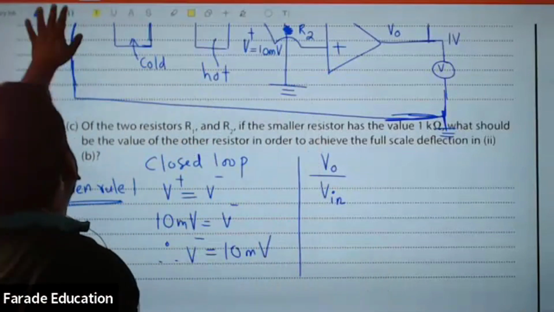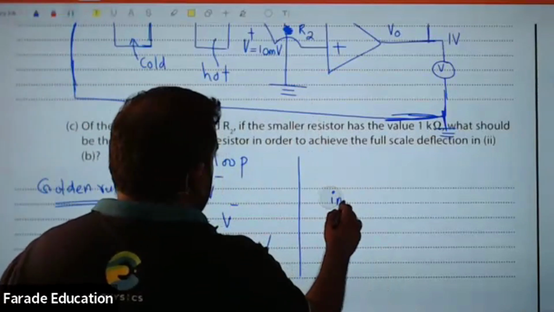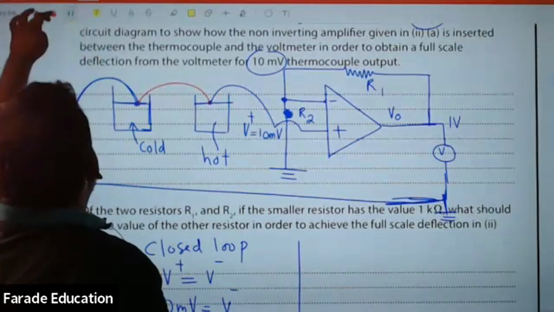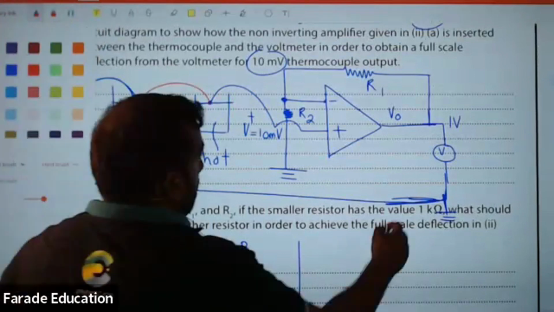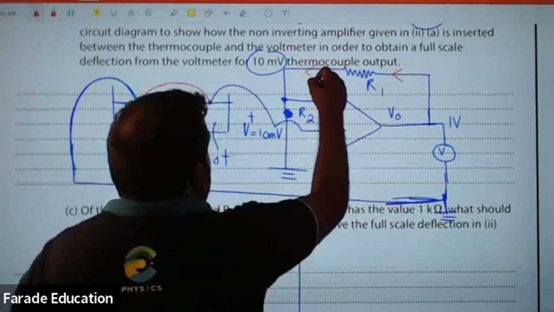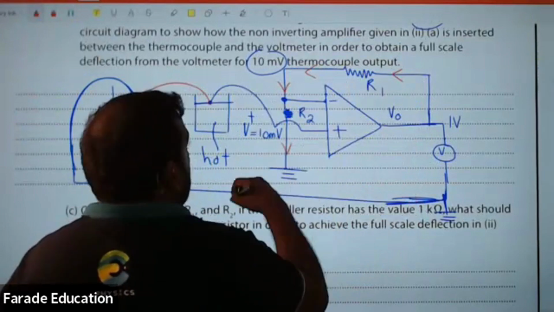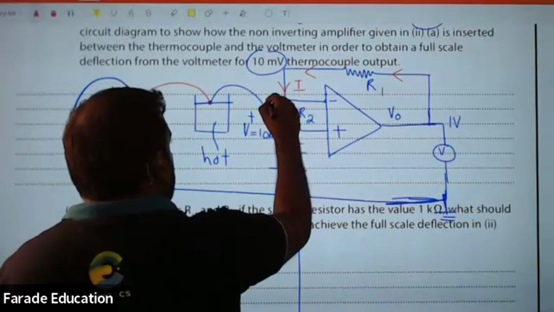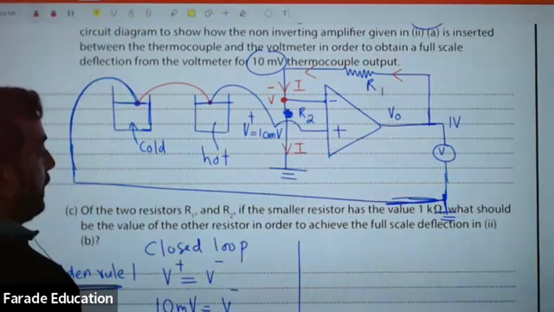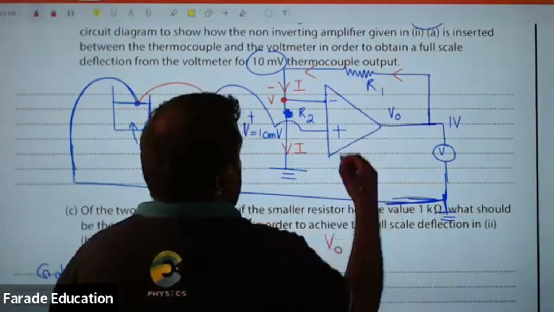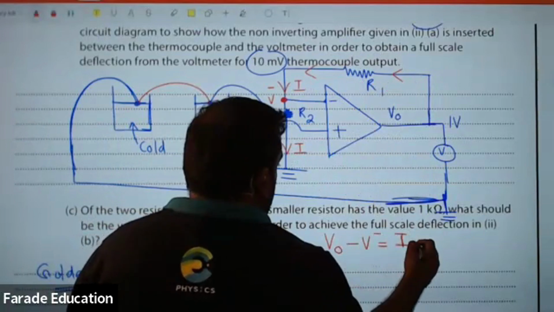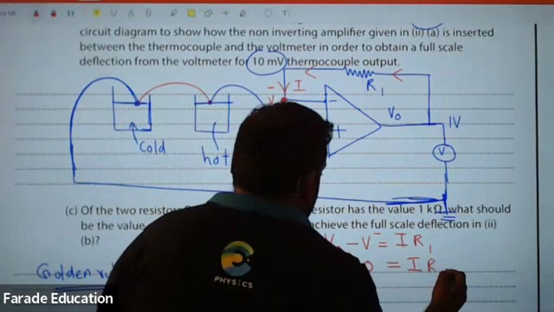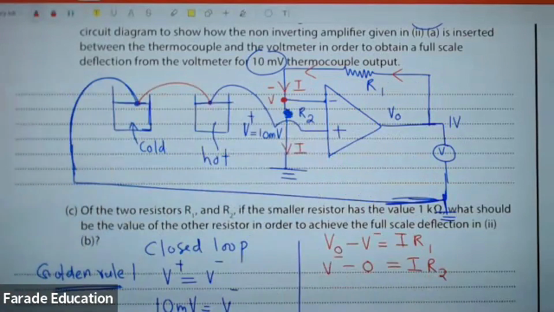If you think about the basic circuit, it's much easier. Current passes through here, and with no current into the input, golden rule number 2, the same current passes through both. So V output minus V minus is current times R1, and V minus minus 0 is current times R2.